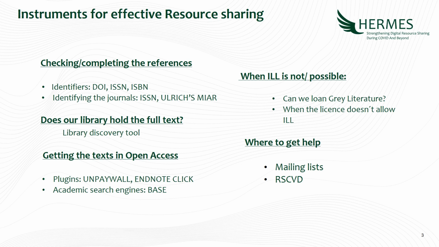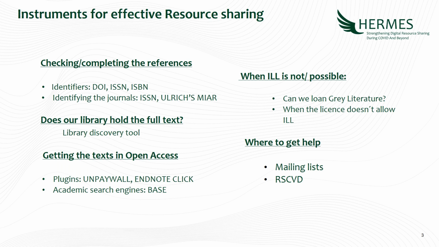Some identifiers, very well known by you, and how to identify the precise journal title where the article is. Secondly, I will talk about where we look for the full text before requesting it from other libraries.